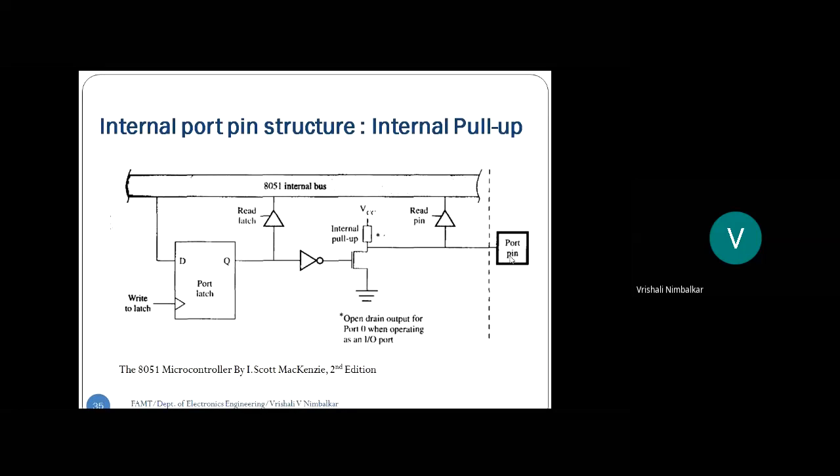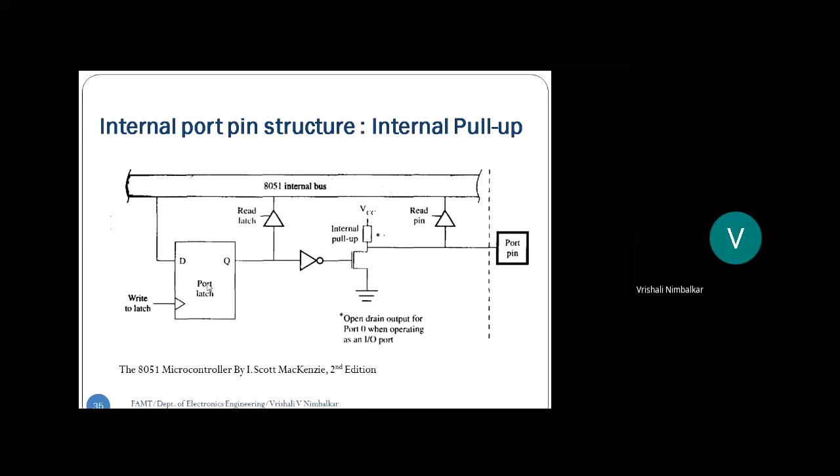And while reading, there are two options. Either you can read the latch or you can read the pin. Are you getting me? See, the latch is going back to the data bus. So you have two options while reading. Either read the pin, meaning what the user has put as logic 1, logic 0 externally, or read the internal latch. Okay.